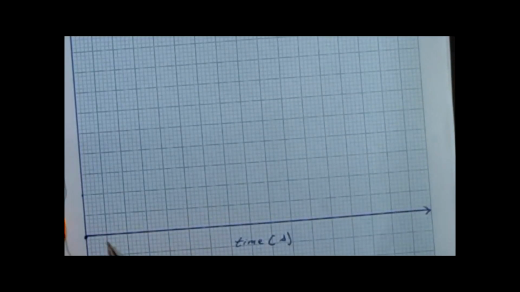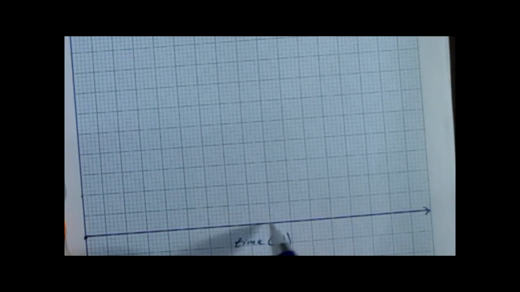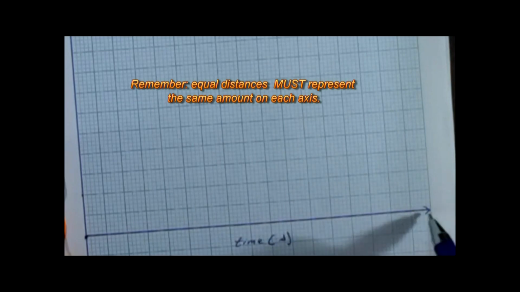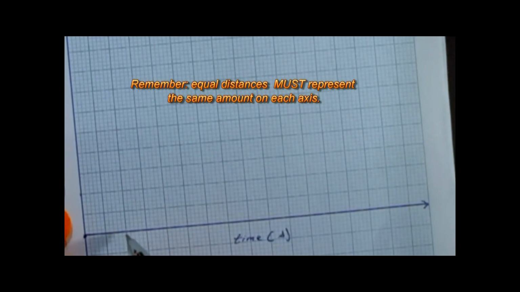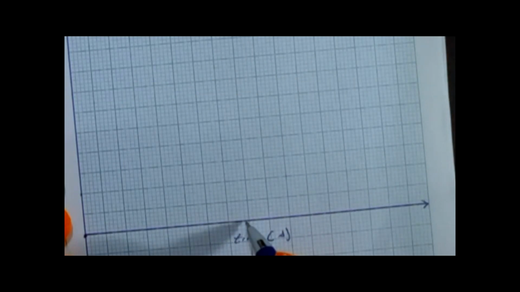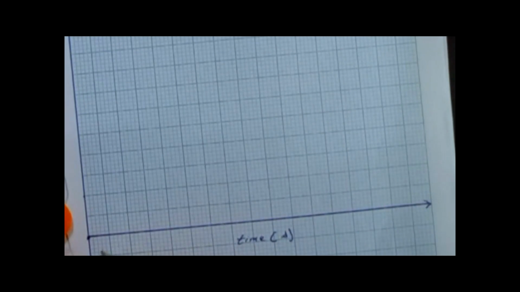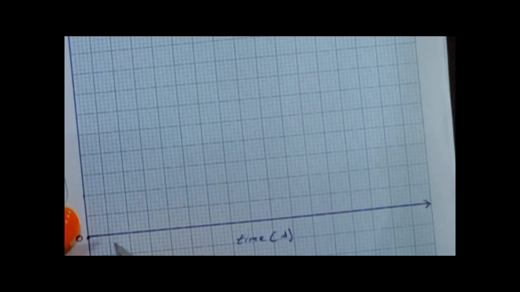So let's see. If we start here and we go 10, 20, 30, 40, 50, 60, 70, 80, 90, 100, we can't get 200. So let's go 20, 40, 60, 80, 100, 120, 140, 160, 180, 200. So we have used half. Okay, so we can use that. So remember, this is 0.